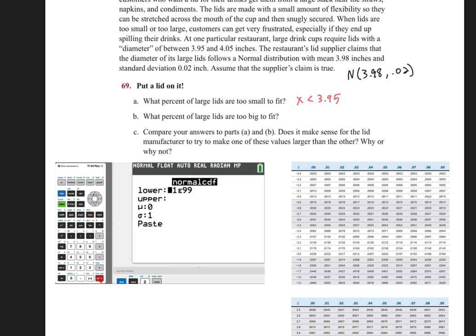It's too small, so we'll use a big negative number for the lower bound, up to 3.95. Put in the mean and the standard deviation. Okay, so that's it. Too small will be about 6.68%.